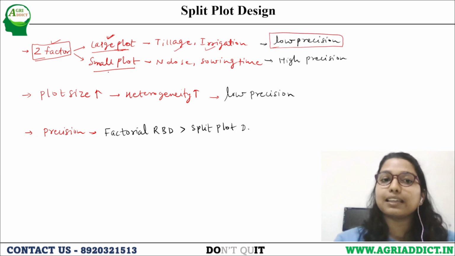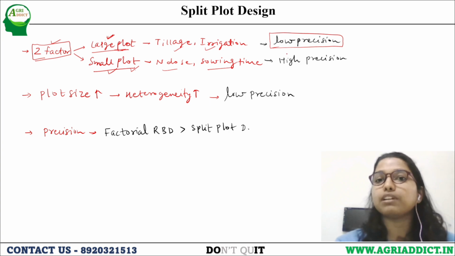The second factor requires a small plot, like nitrogen dose, sowing time. If this plot is small, there will be homogeneity. If homogeneity is there, error will be less. If error is less, the precision will be high. So this is the concept behind it.